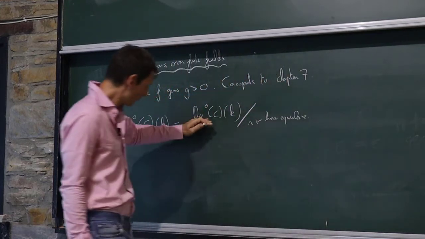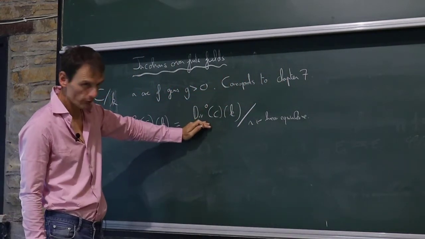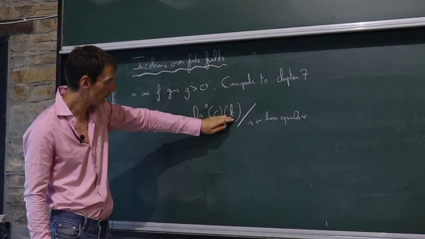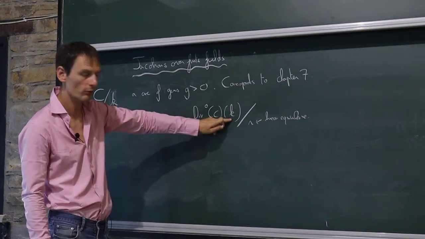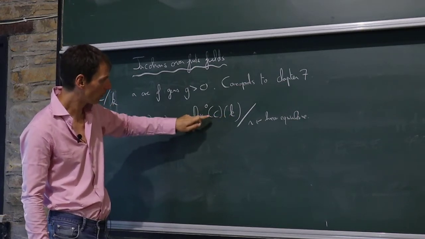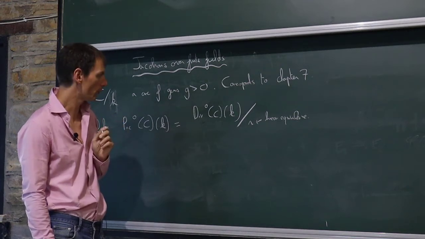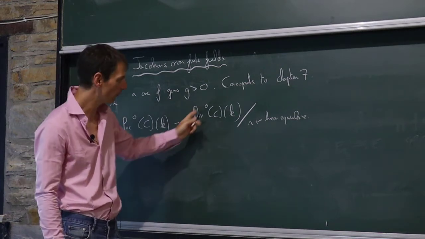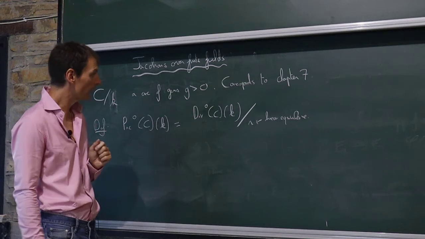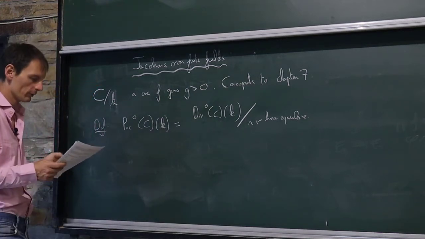Remember that a rational k divisor of degree 0 doesn't mean that each of the points in the support of the divisor is rational, but that the divisor is Galois invariant under Gal(k̄/k).